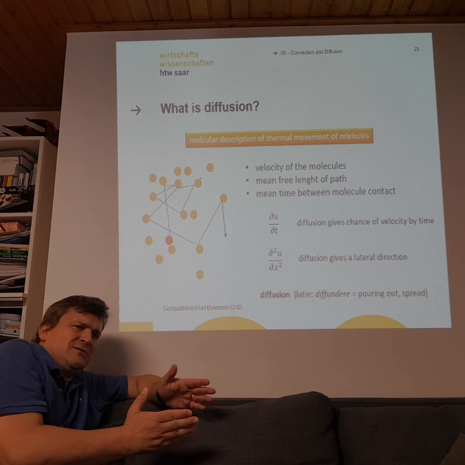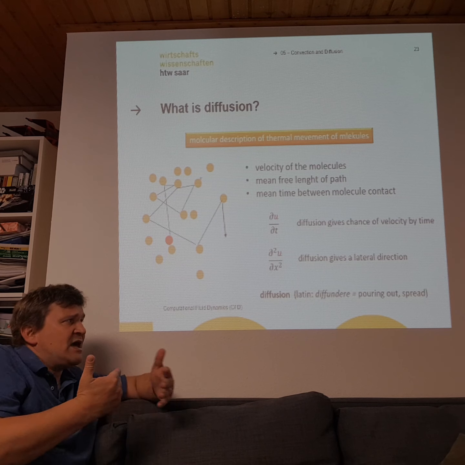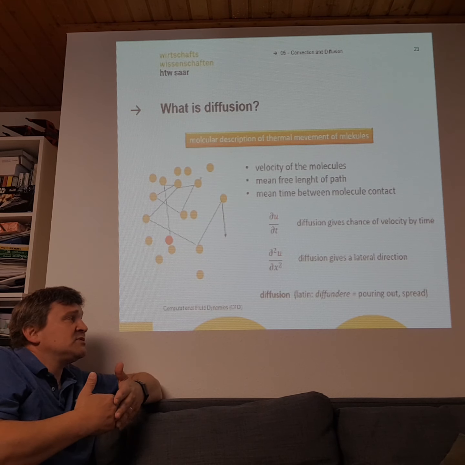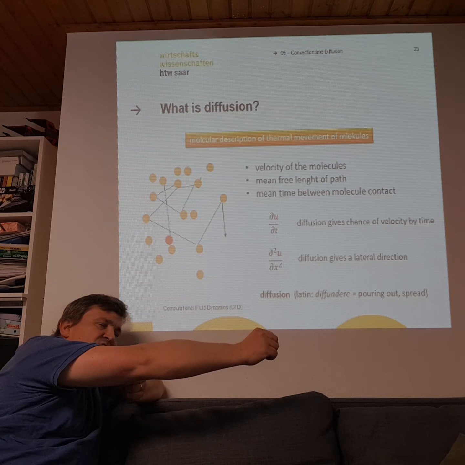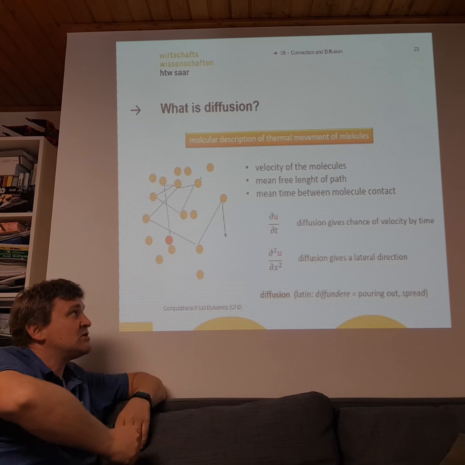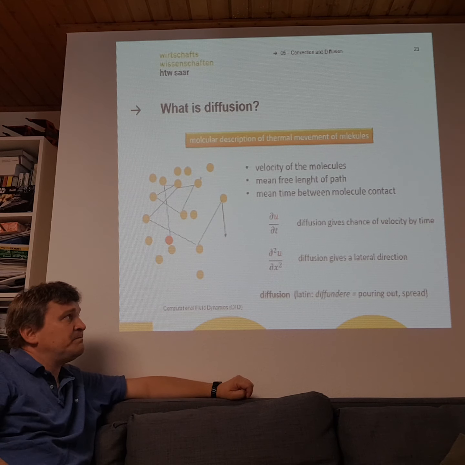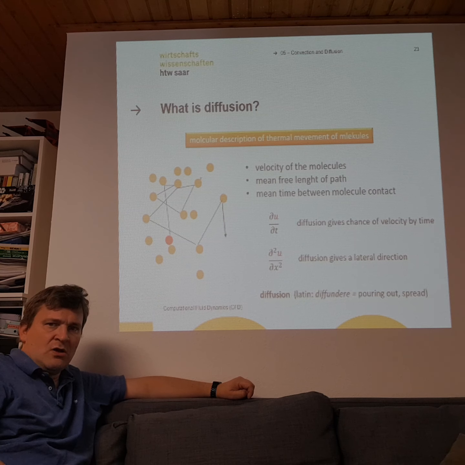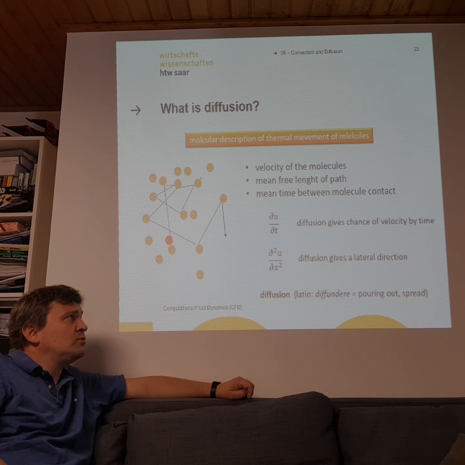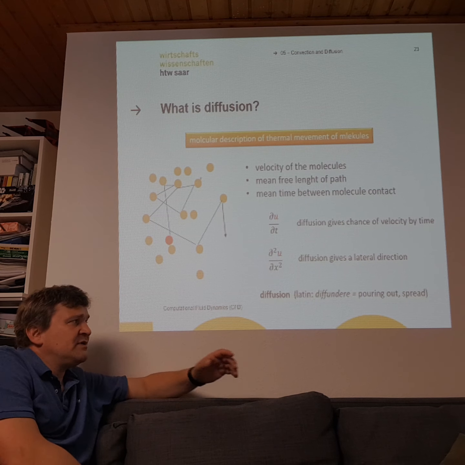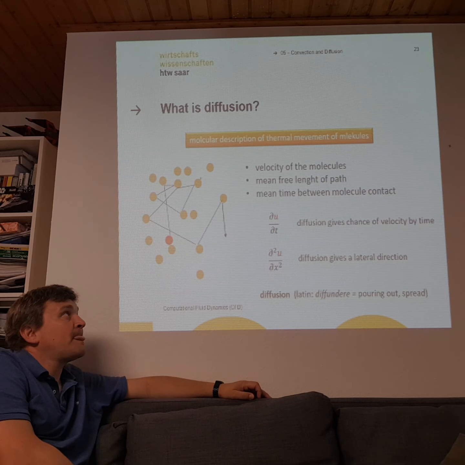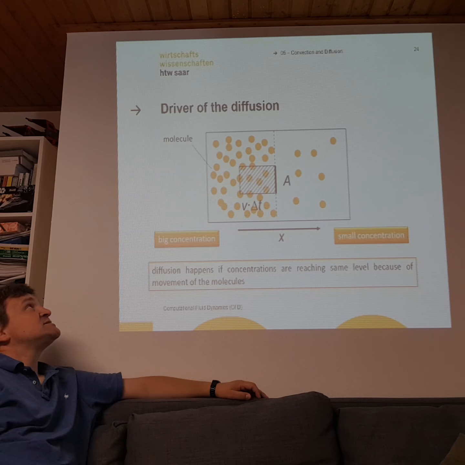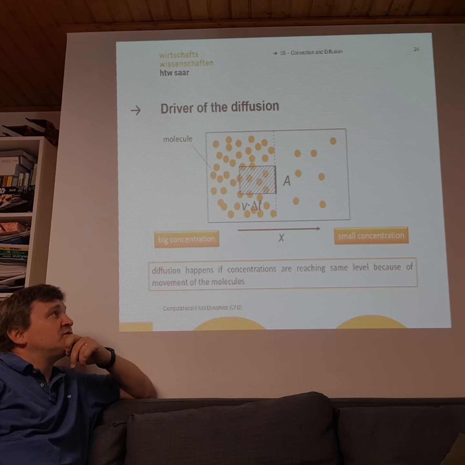The movement will act in nearly every direction. So you can't say we have a molecule here and after 2 seconds it is 2 meters away. So we can make a first derivation of the velocity with time, but we always need a second derivation, because movement will not be in any special direction.